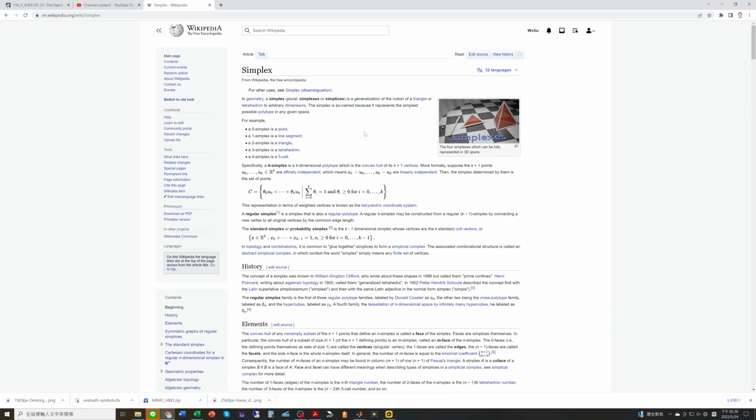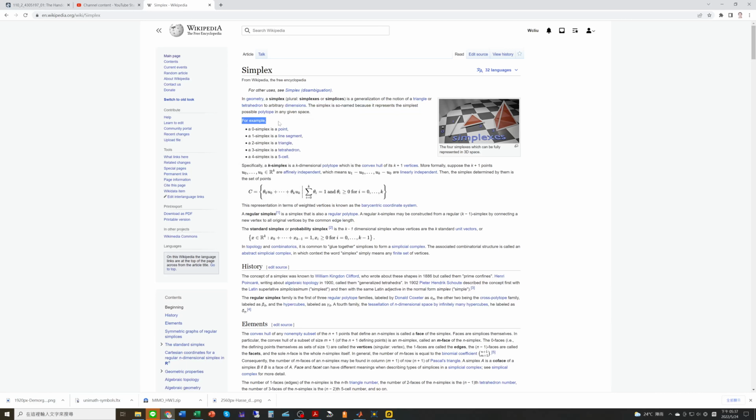Let us go to the simplex. In geometry, a simplex, plural simplexes or simplices, is a generalization of the notion of a triangle or tetrahedron to arbitrary dimensions. The simplex is so named because it represents the simplest possible polytope in any given space.